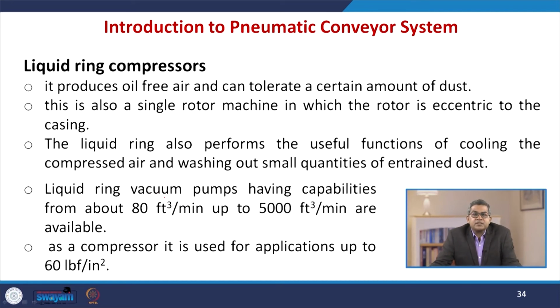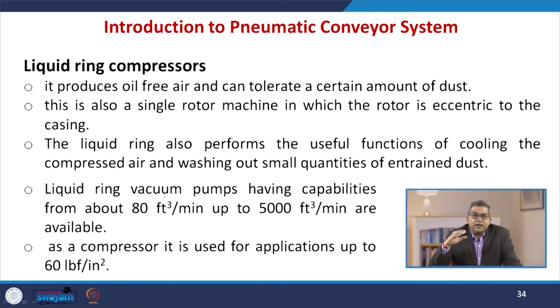It produces oil-free air and can tolerate a certain amount of dust. This is also a single rotor machine in which the rotor is eccentric to the casing. The liquid ring also performs the useful function of cooling the compressed air and washing out small quantities of entrained dust.